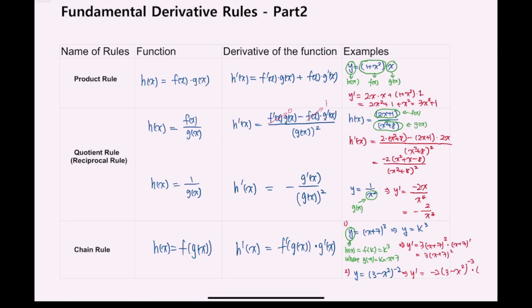In this case, g(x) would be 3 minus x squared, that derivative is negative 2x, so we get negative 2 times (3 minus x squared) to the negative 3rd power times negative 2x, which gets simplified to 4x over (3 minus x squared) cubed.